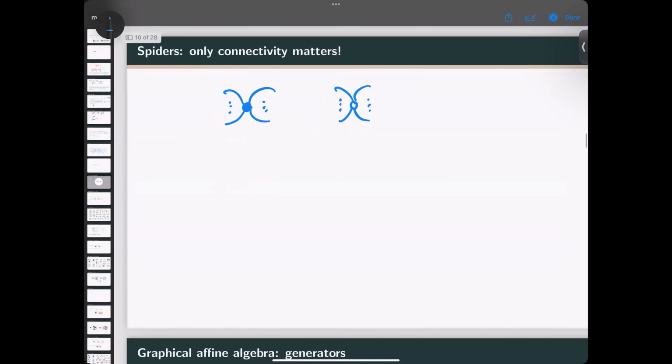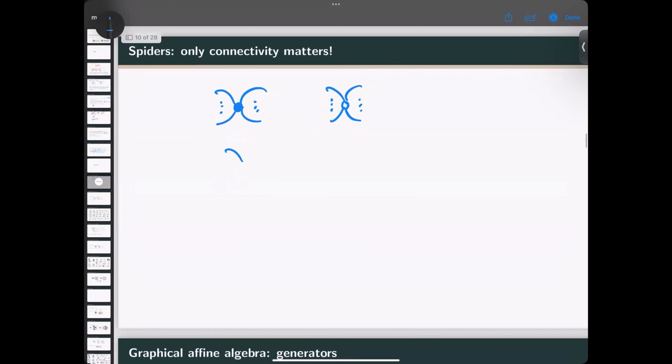That is, I always impose rules such as this, which say that if I bend wires around arbitrarily, then this is equal to this, and so on. So it doesn't matter whether the legs of my spiders are inputs and outputs, or what order they are in. I can drag my spiders around arbitrarily in my diagrams, and the semantics are always going to be the same.